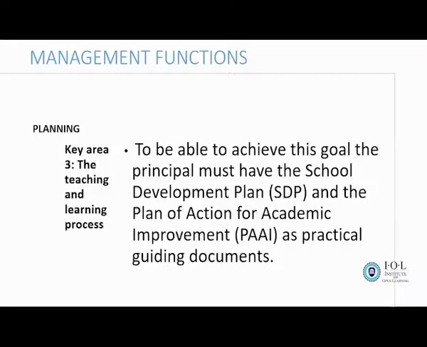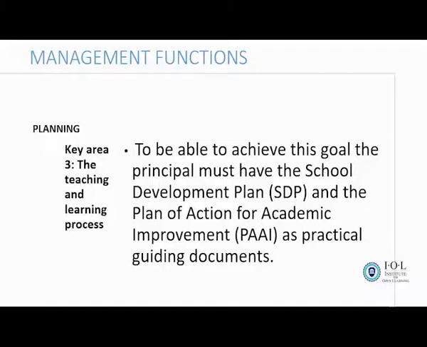Another key area that we look at in relation to planning is the teaching and learning process, the actual teaching and learning process. To be able to achieve this goal, the principal must have the school development plan. It's a tool that every school is having. It's a general tool containing many other aspects, and we call it the school development plan.